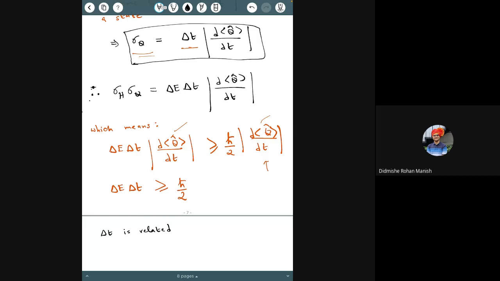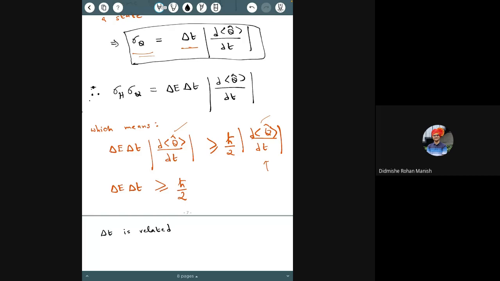You cannot measure a delta T. However, whatever Q you use, you should end up with the same delta T, because it is related only to the spread in energy of the non-stationary state, which is one particular thing for the state. It doesn't depend on which property you are measuring.